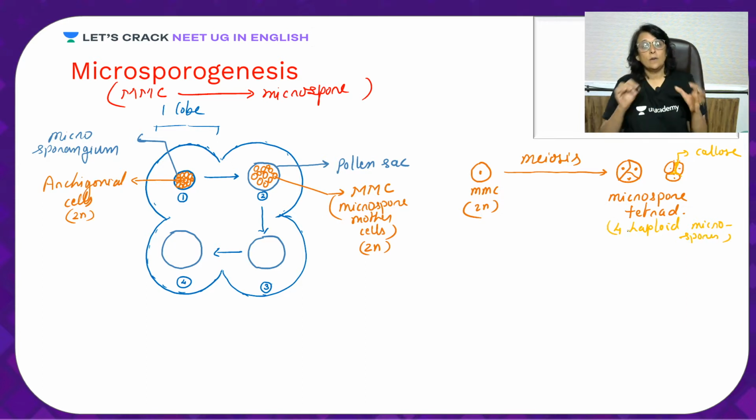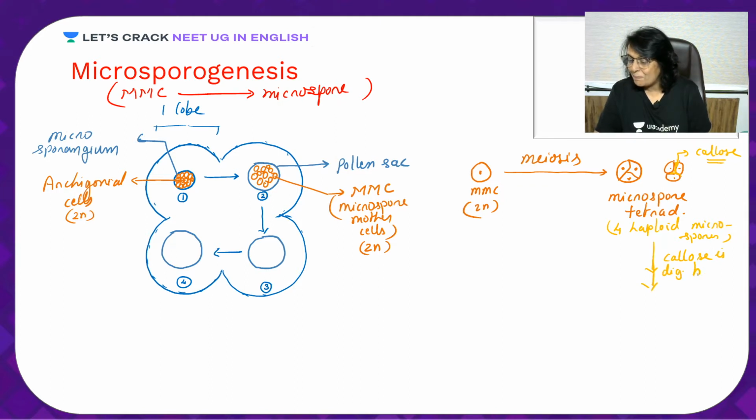Do you want these four cells to get separated? Because each microspore is going to change into a pollen grain. So if these four cells have to separate, what do we need? This gluing material should be dissolved. So callose is digested by the enzyme callase.